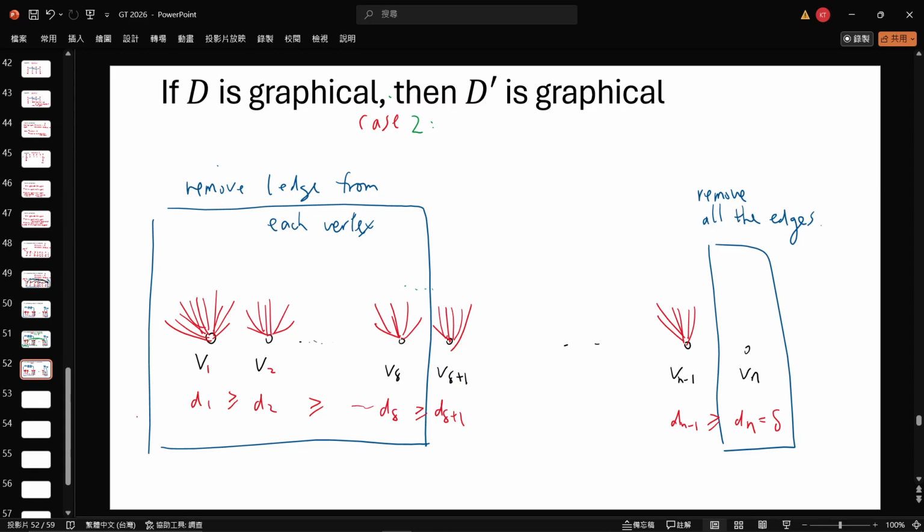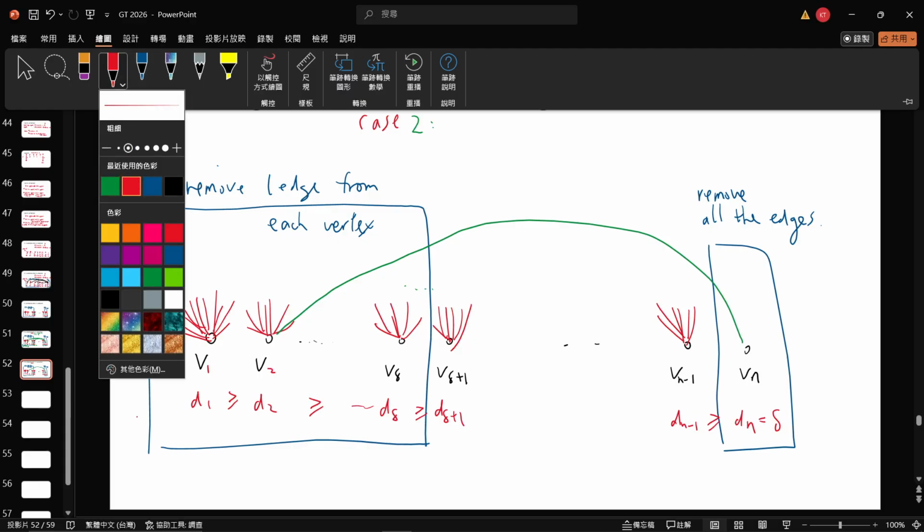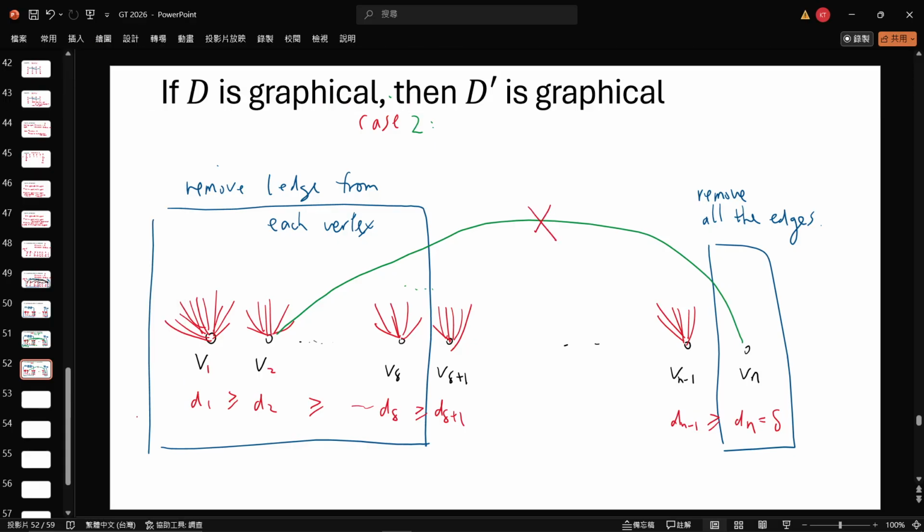So it's like this edge is gone. So Vn is not adjacent to some vertex in V1, V2, up to V delta.